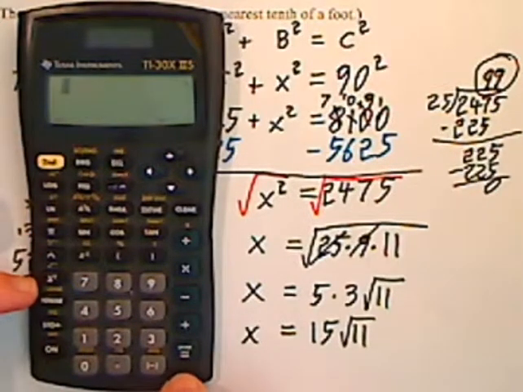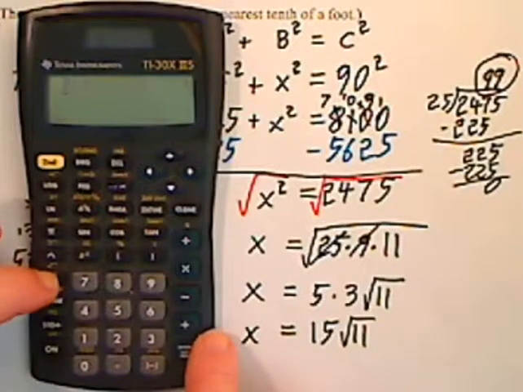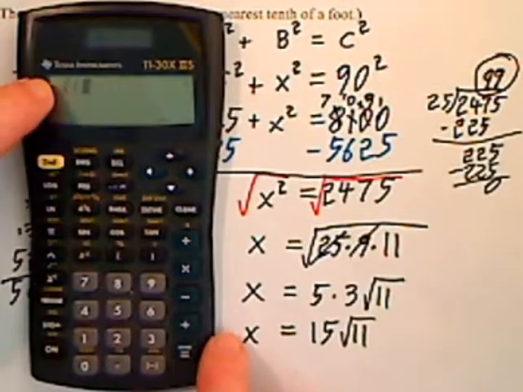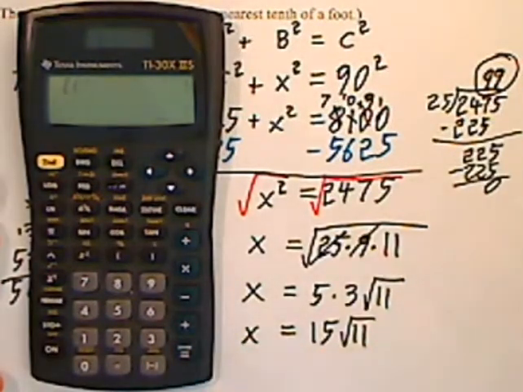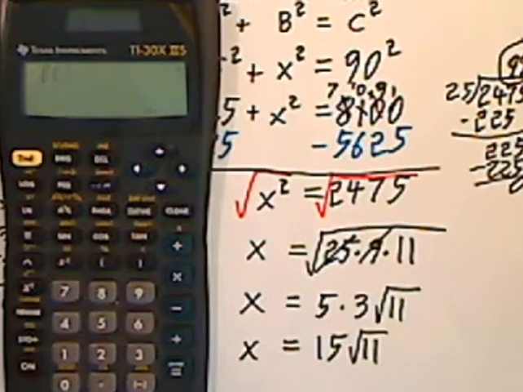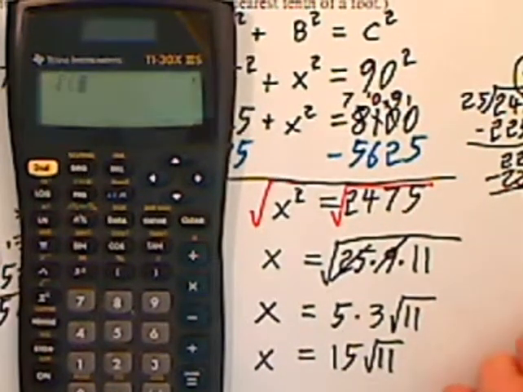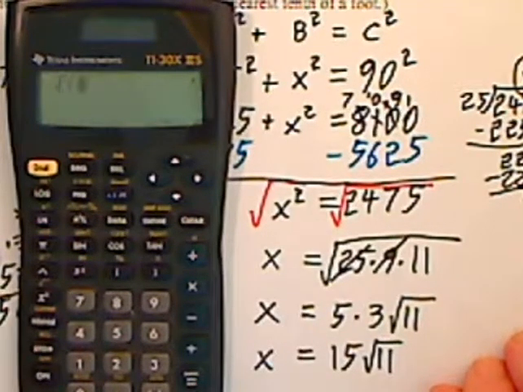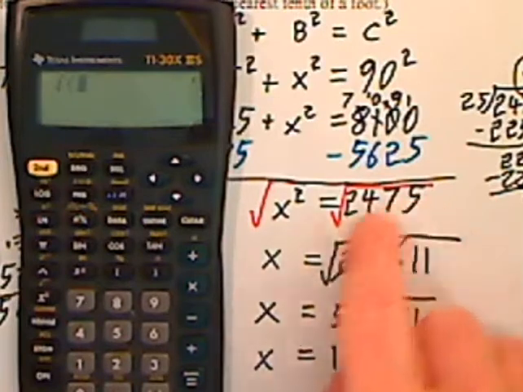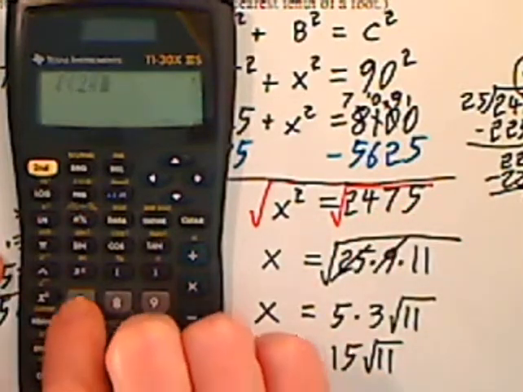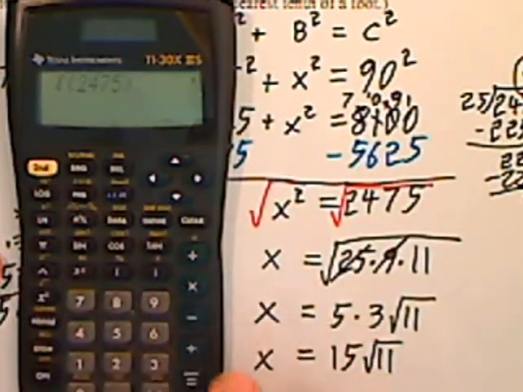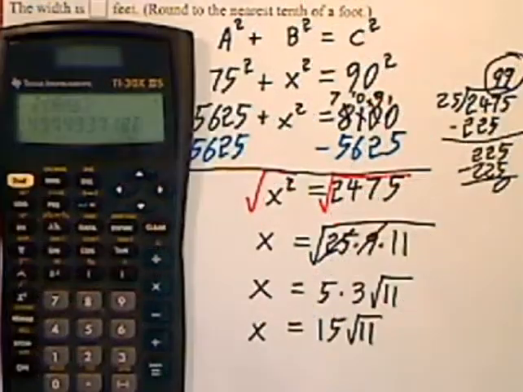That'll activate the yellow. Then I hit squared. So you can see I have a square root there. I'm not really trying to teach how to use this because you can't use it. All right, well, let's just get this done. 2475, close the parenthesis, hit enter.